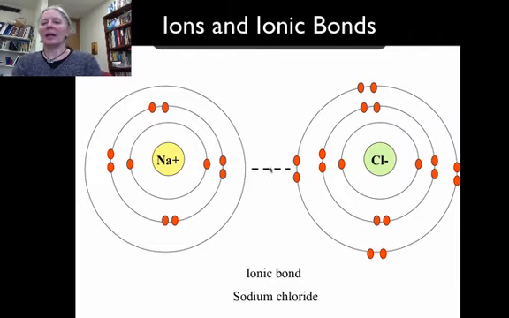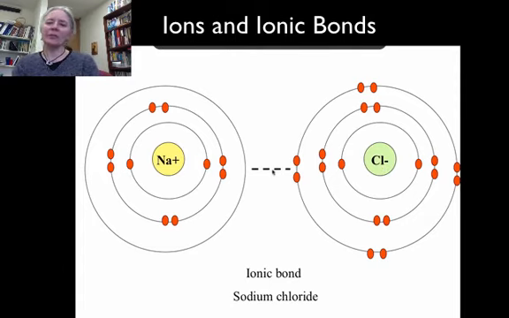The ionic bond, notice, is not a sharing of electrons. There are no electrons zooming around both nuclei like there were in the covalent bonds. Nothing shared here. The only thing holding these together is the attraction between a positive and negative force. Even so, this is a fairly stable bond.